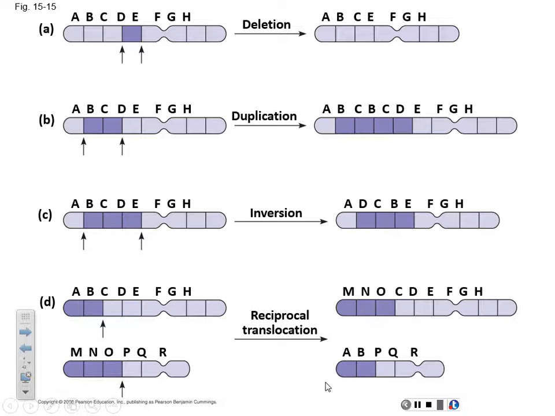Some of these are more likely to cause problems to an individual than others. Deletions almost always have some consequence associated with them. Duplications sometimes have complications associated with them, depending on the genes that are involved in the duplication. Inversions rarely give rise to problems for an individual.